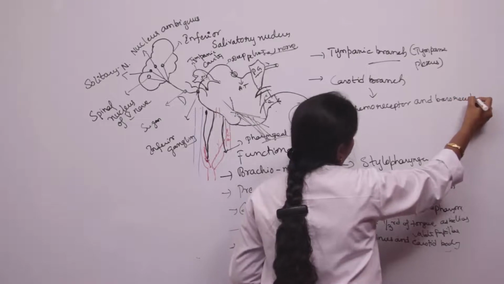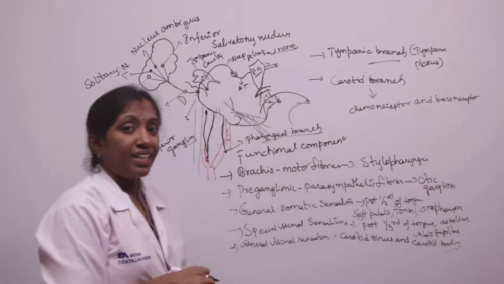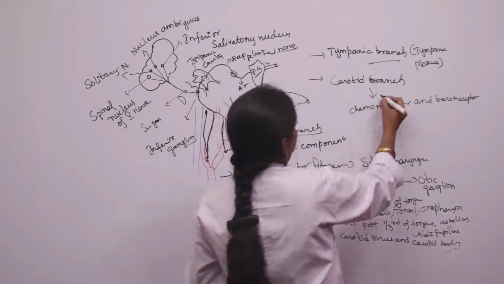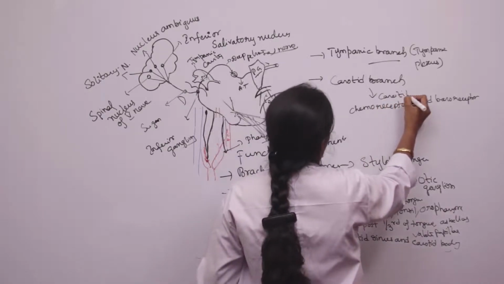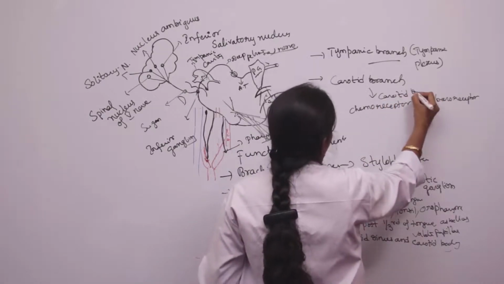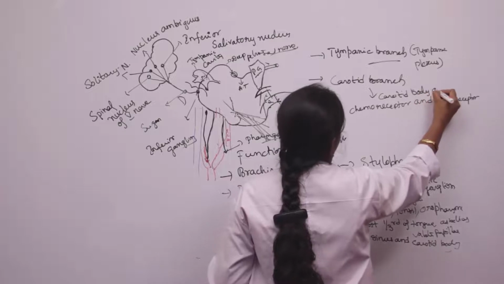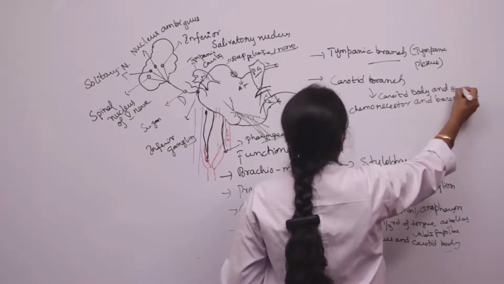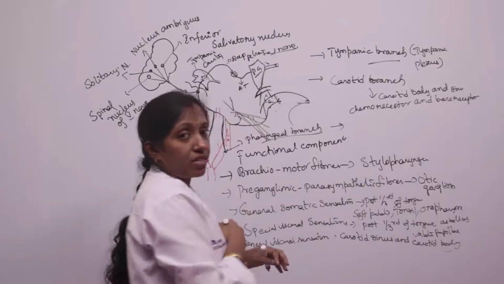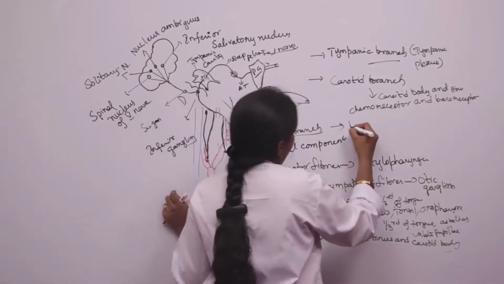So they supply the carotid body and carotid sinus. And the third branch is the muscular branch, which supplies the stylopharyngeus muscle.